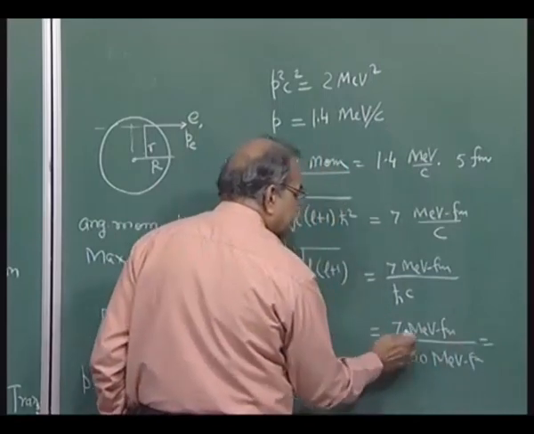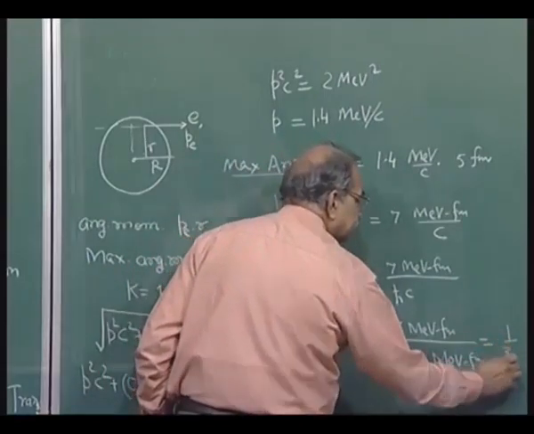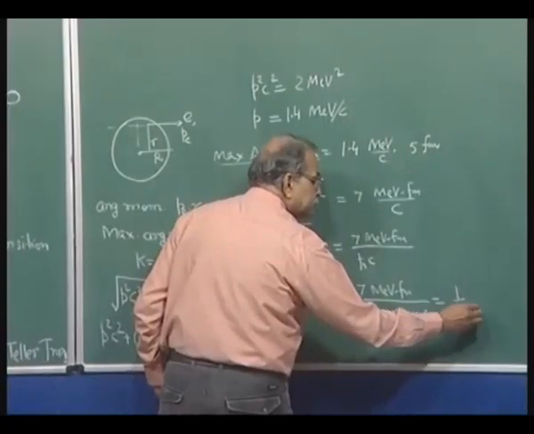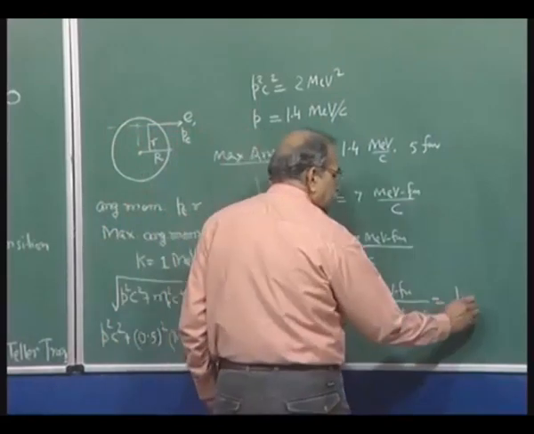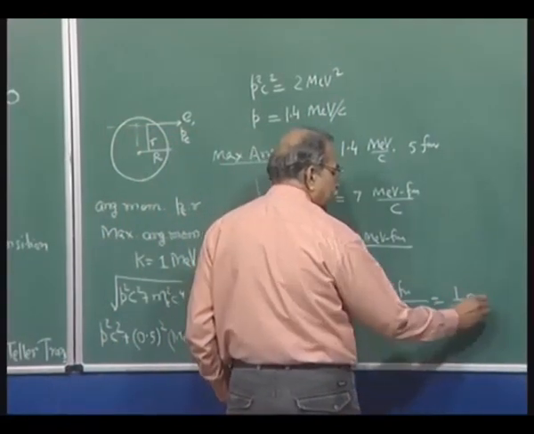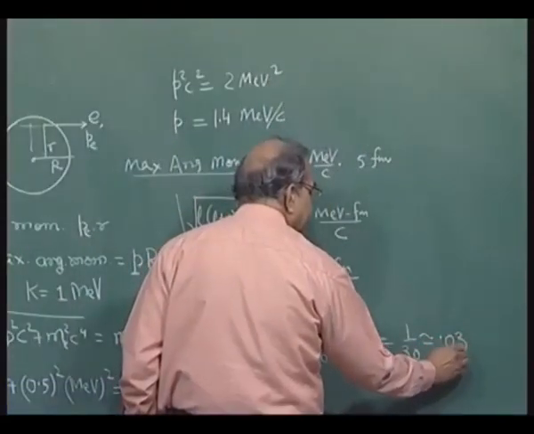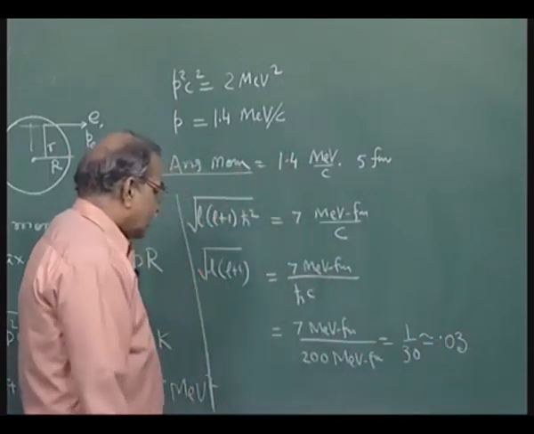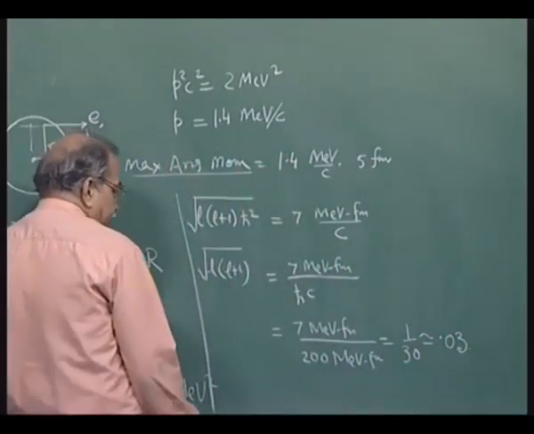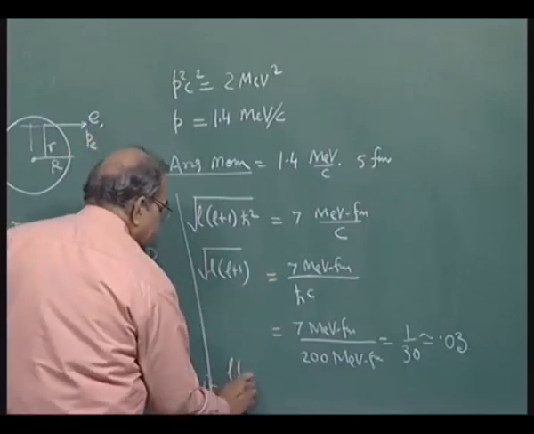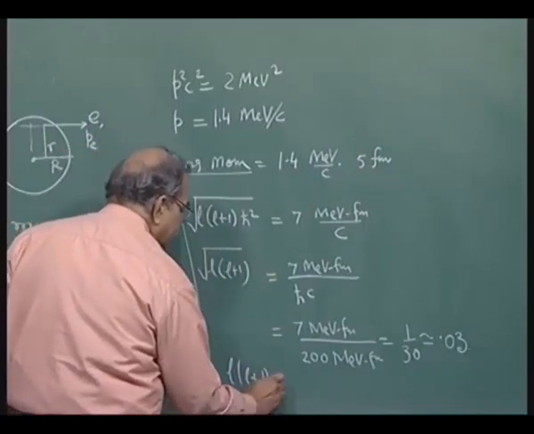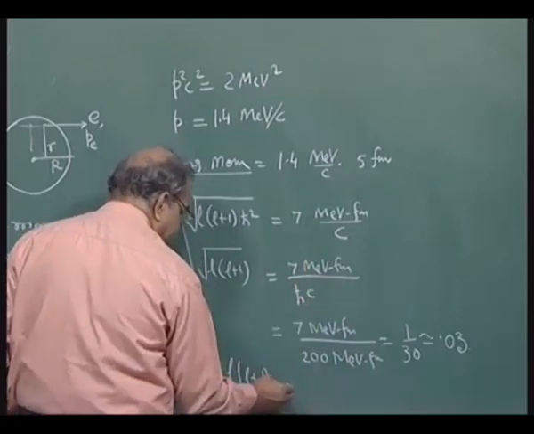So, this would be approximately 1 by 30, no units, which will be 0.03, something like 0.03. And if you try to get L from here, L into L plus 1 will be square of that.